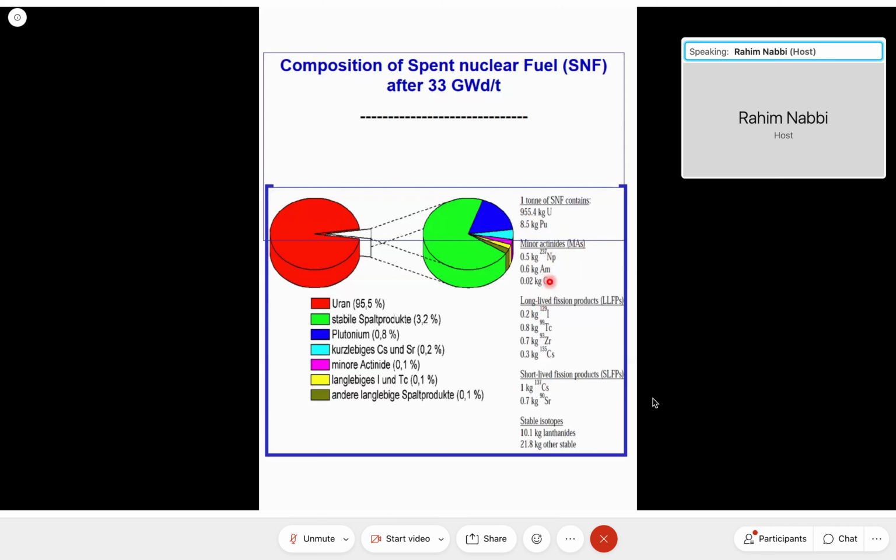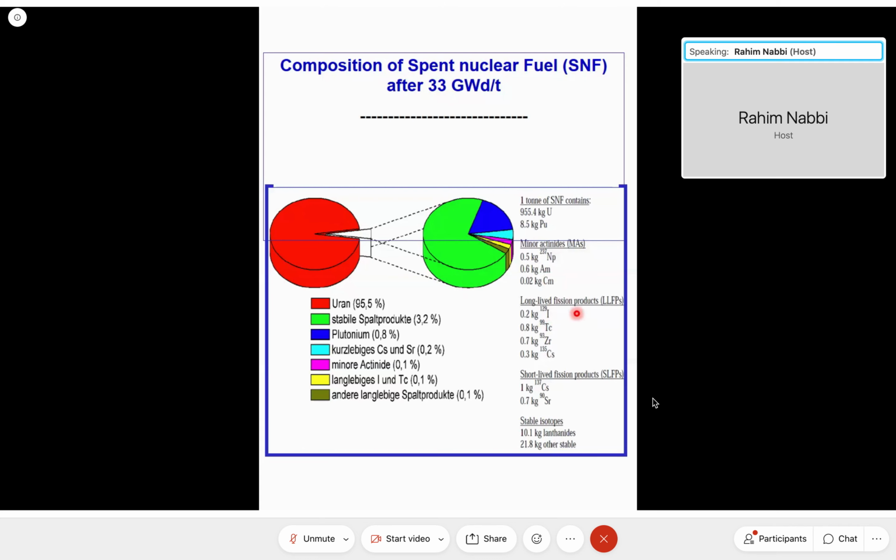Again, the half-lives of these minor actinides are very, very long, and it is very important for repository for long-term disposal.